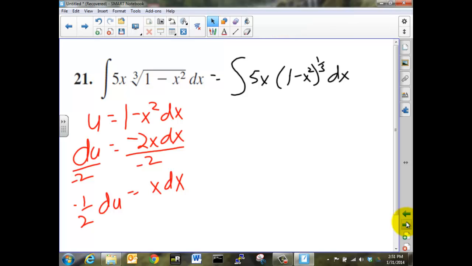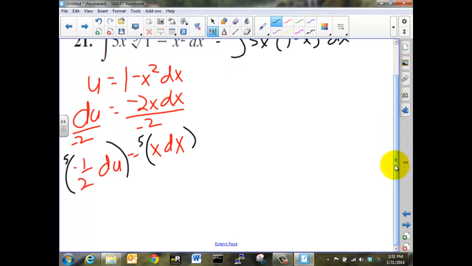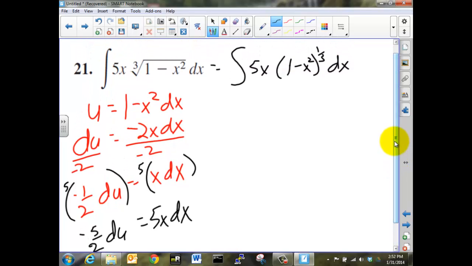So he said we can multiply both sides by 5, as long as it's constant numbers. Now you've got negative 5/2 du equals 5x dx.